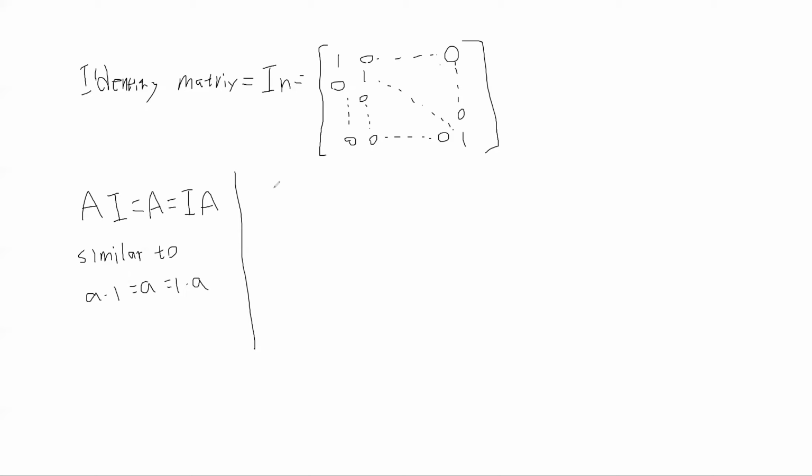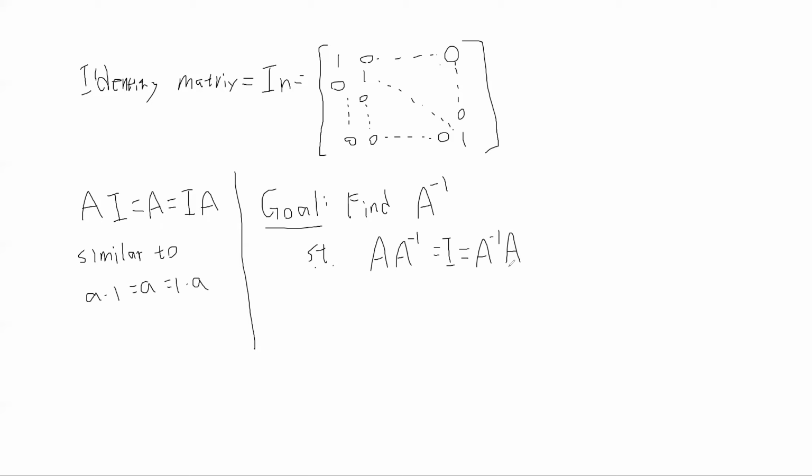So our goal is to find the inverse of A, which is denoted by A to the power of -1, such that A times A inverse will give you the identity matrix, which is the same as A inverse times A.